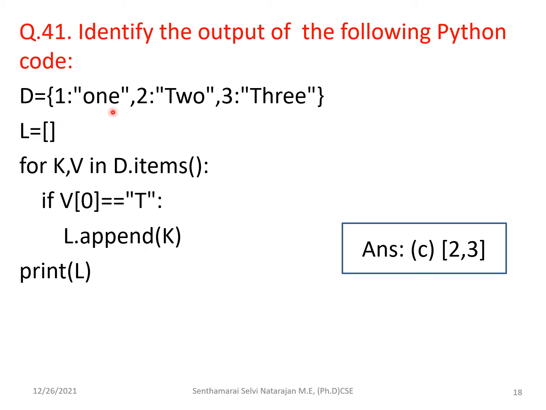So it will be checking with this, and you see here it is having t and here it is having t. So these two are the things, but it is going to append the key and not the value. So the key values here are 2 and then 3. So it is going to print the keys 2 and then 3 because the key 2 and 3 is having the character t.